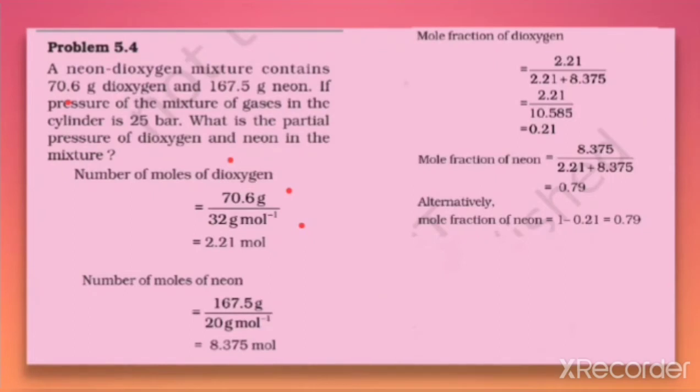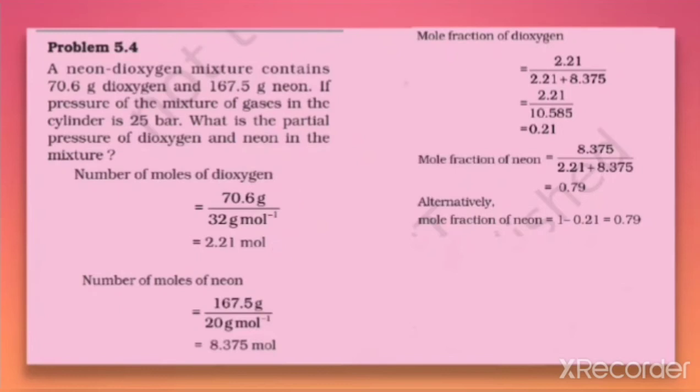Why is 32 taken? Because the molar mass of dioxygen, O2, is 32. So 70.6 gram divided by 32 gram per mole gives 2.21 mole, that is the number of moles of dioxygen.